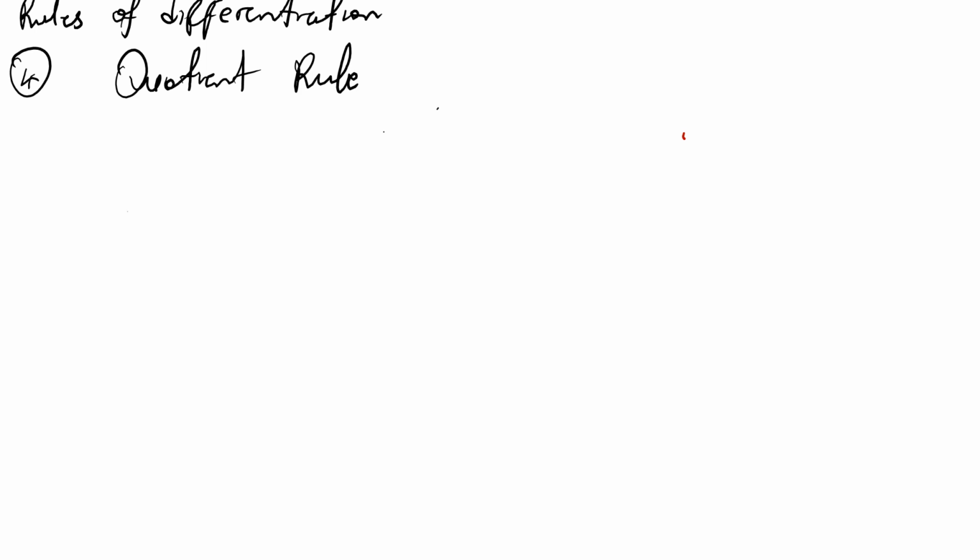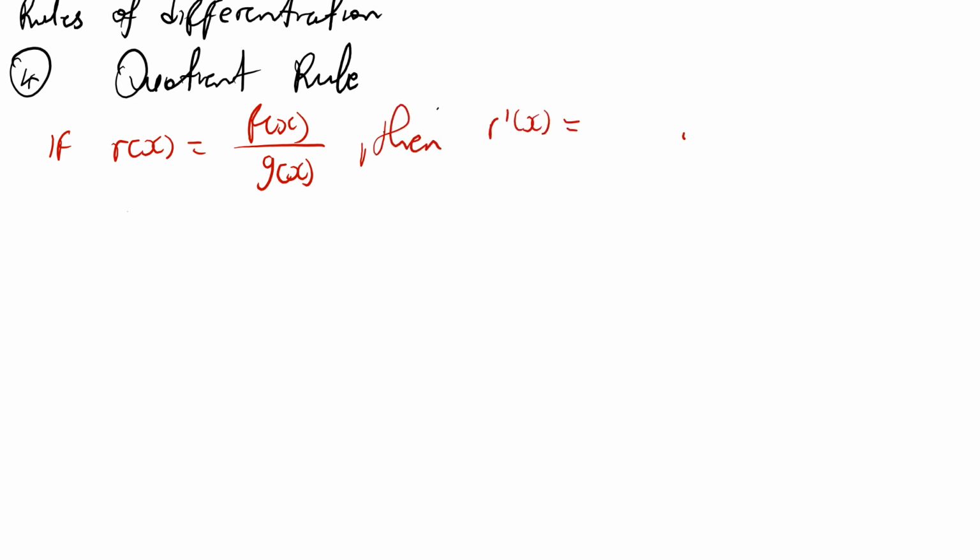We apply the quotient rule when we are dividing two functions. If we have r of x equals f of x divided by g of x, then the derivative is going to be: the first thing we do in a quotient rule is to square our denominator.